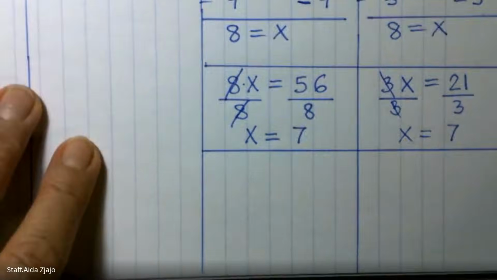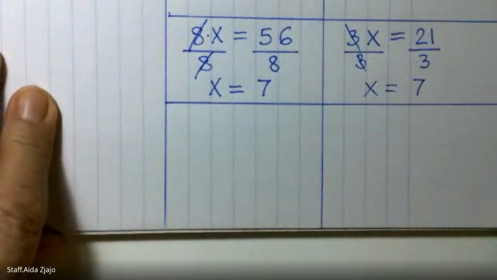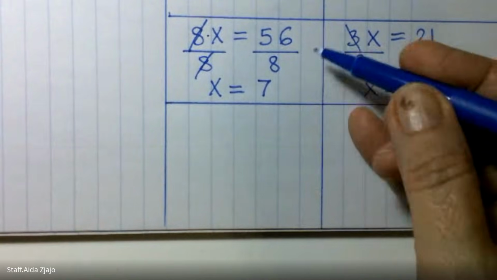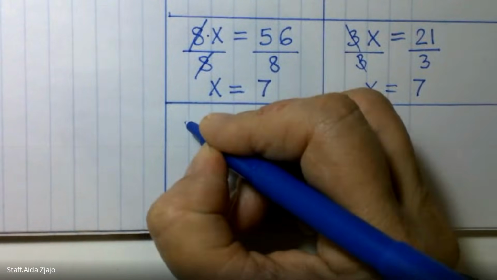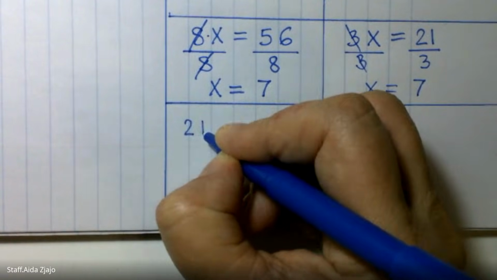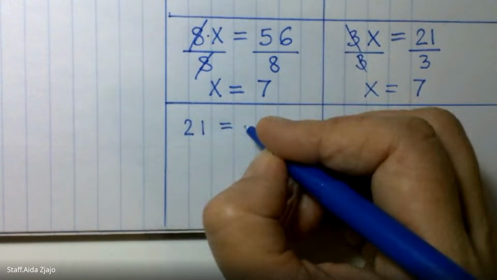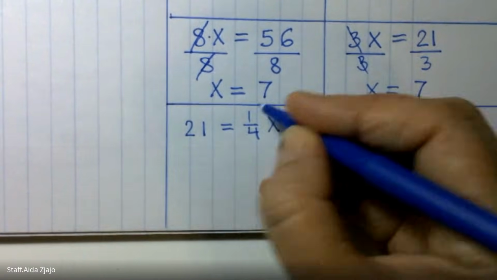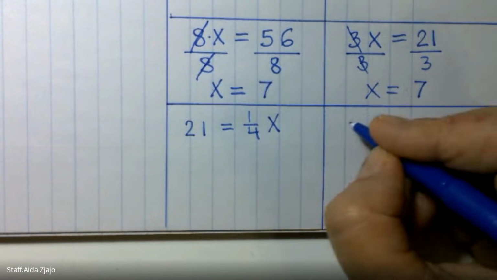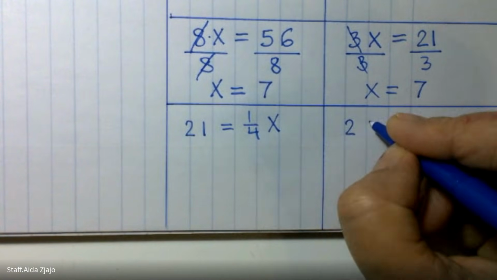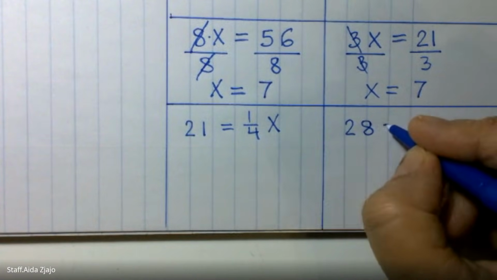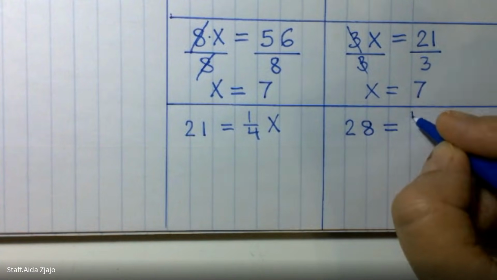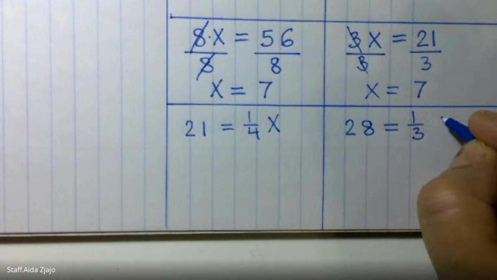The next one says 21 is the same as 1/4 x. And then 28 is the same as 1/3 x.